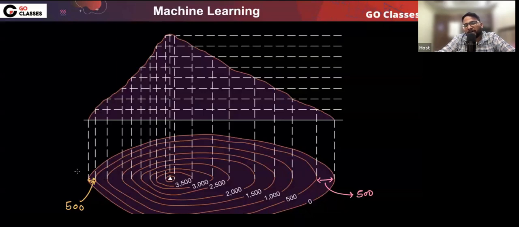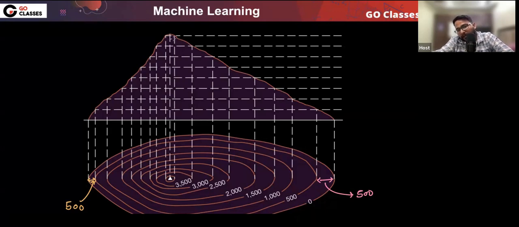Now you might see that okay, here it is 500, here also it is 500, but these contours are very close to each other, isn't it? And in these contours, the difference is the same, but the distance between these 2 points is a little farther compared to this. Why is that happening? Because of the slope.